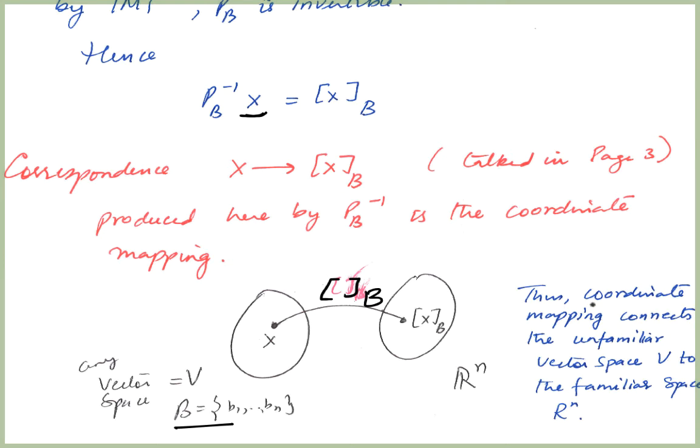So what we see is that this coordinate mapping, this one, guys, is the one which connects an unfamiliar vector space to the familiar vector space Rn. And that's what we really need, because we're very comfortable with working in Rn spaces.